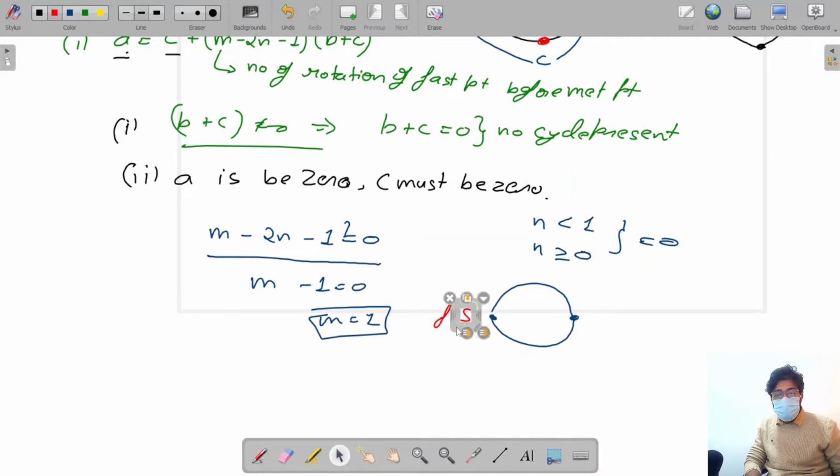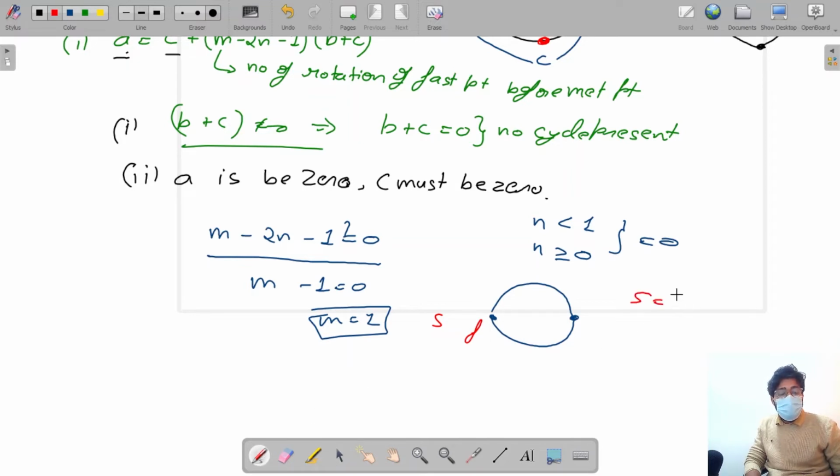So first slow moves, one rotation. Fast moves, completely one rotation. One rotation is done. Then slow moves to the second, moves to this, and then fast here. Fast matches. Here's the meeting point. Right? So now what you can say is, slow did what?